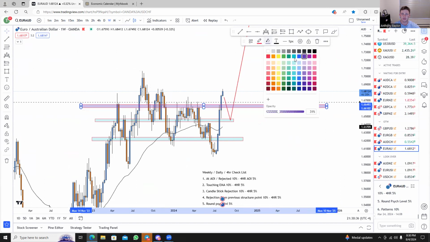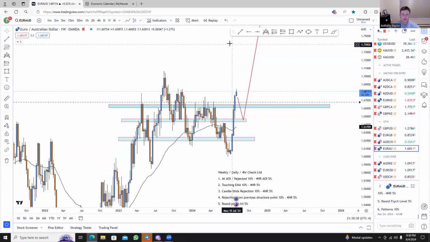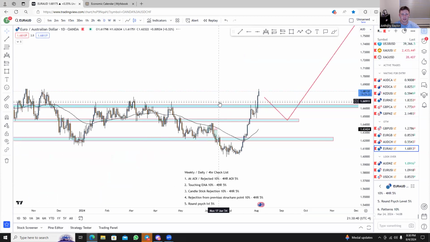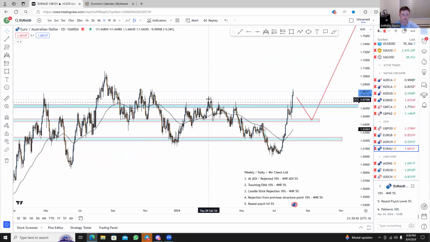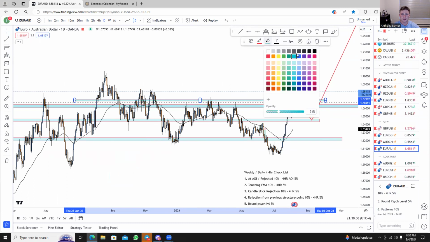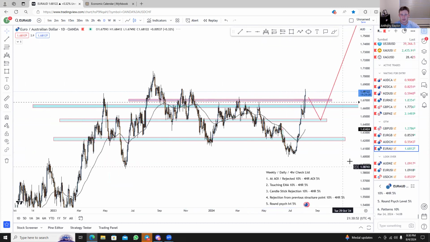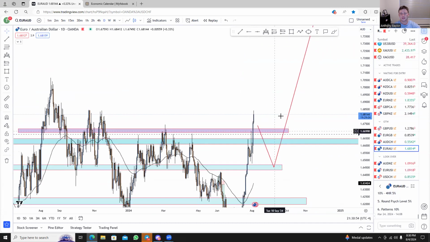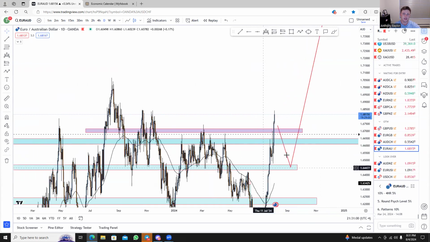Make that blue. It needs to come back in on the daily chart. It's the same zone. We could even push it up a little bit higher. But I need it to come back. I need it to come in here and retest before I take that long.